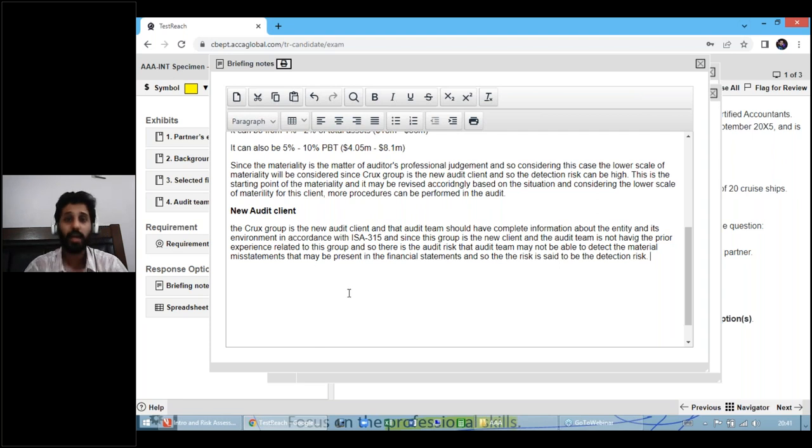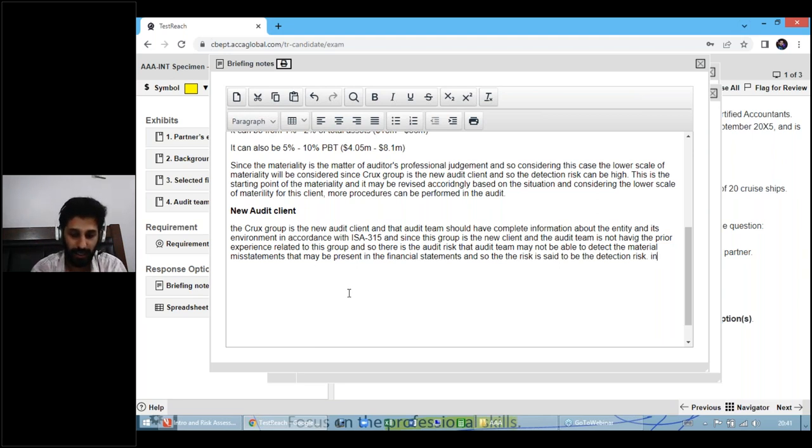It may be misstated. Now you need to come up with your recommendation as well, that you need to apply rigorous or tough audit procedures, so that you may be able to obtain sufficient and appropriate audit evidence.